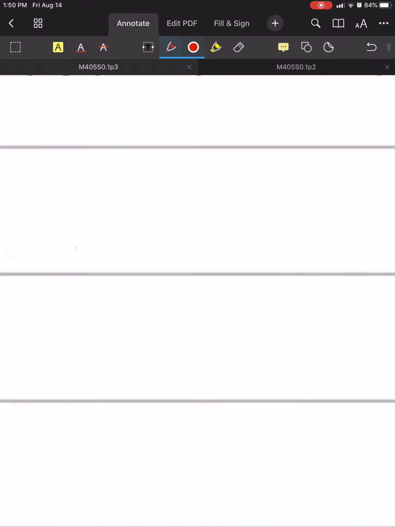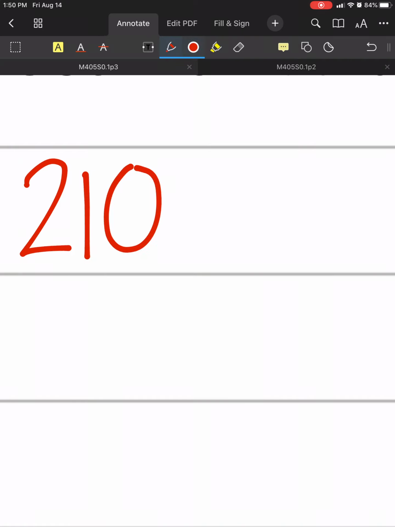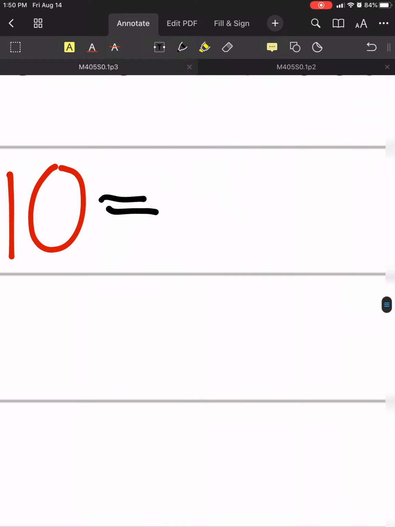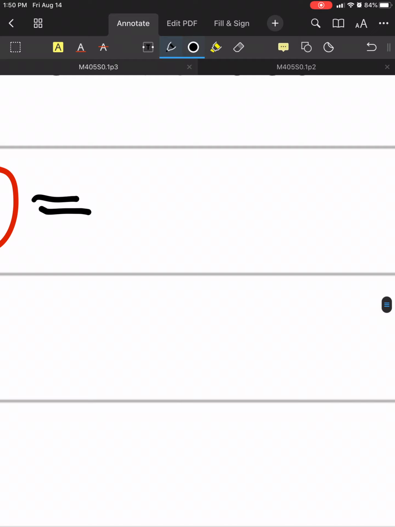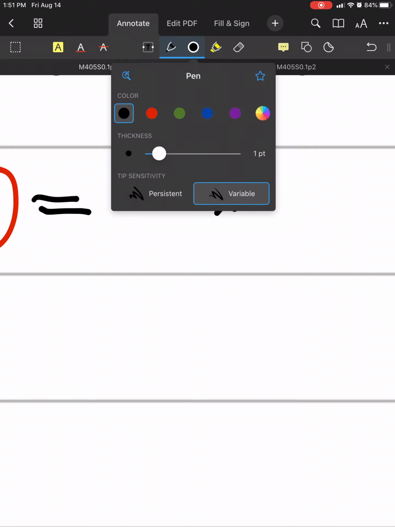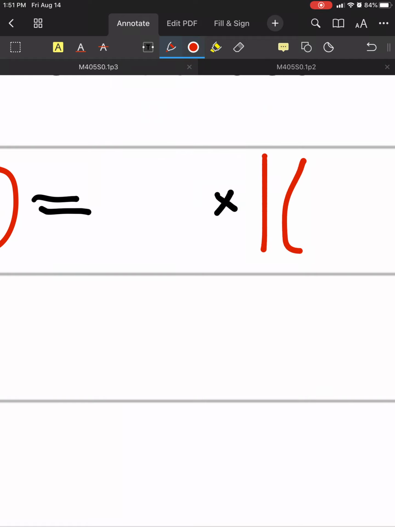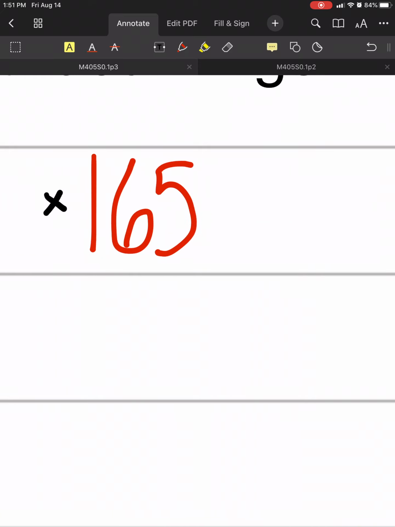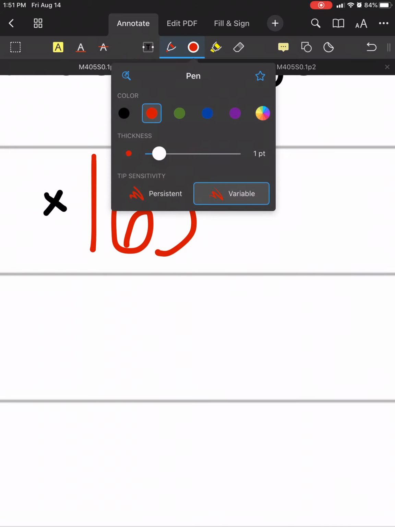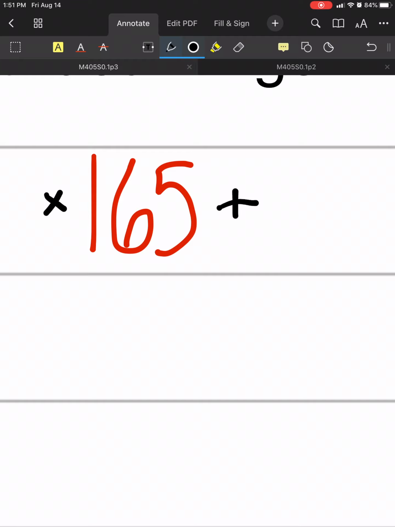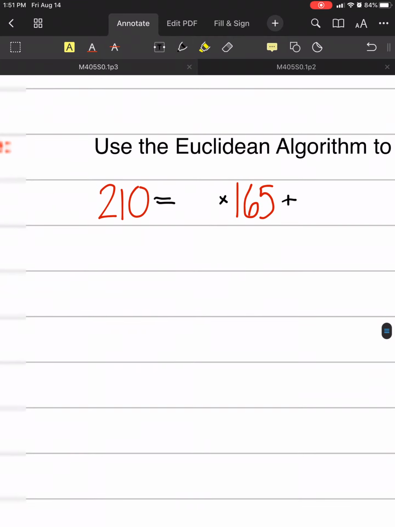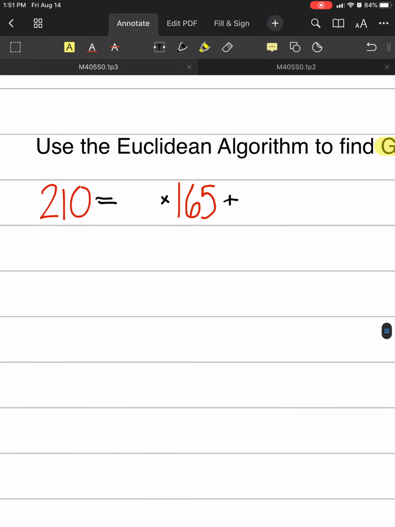Let me zoom in a little bit more. 210 equals some number times, and it's going to be easy for us to figure out what this number is, 165, plus some other number. Okay, so this is our first step of the Euclidean algorithm.